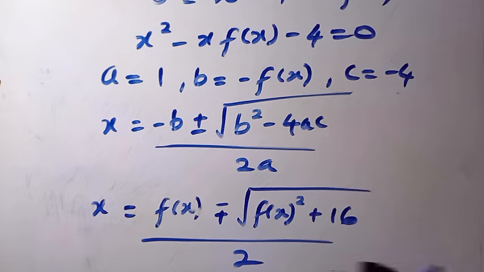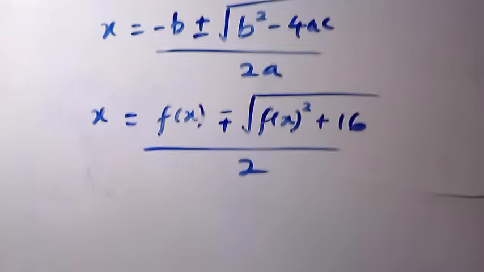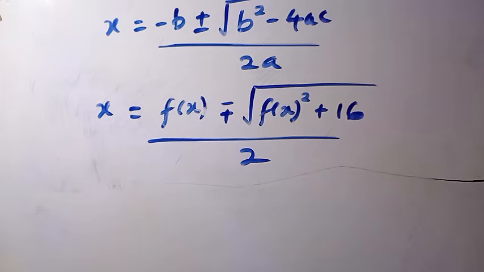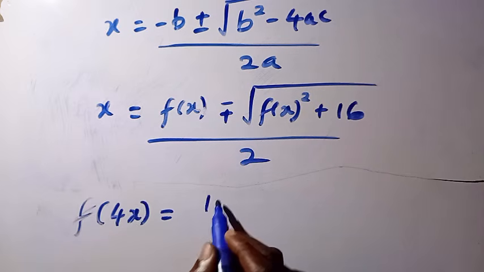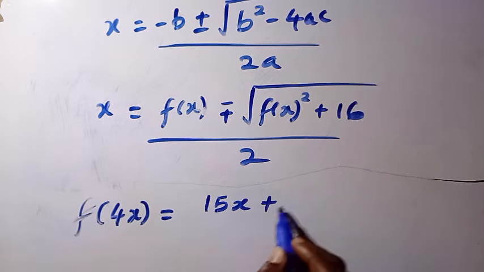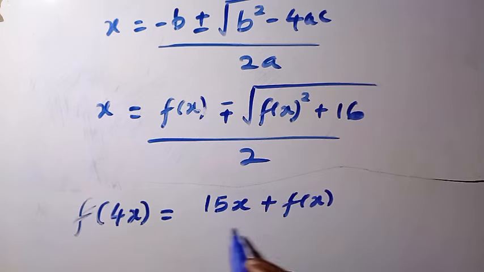And since we have gotten the value of x, we are going to substitute this back into the answer we got before, which is f of 4x equals 15x plus f of x all divided by 4.